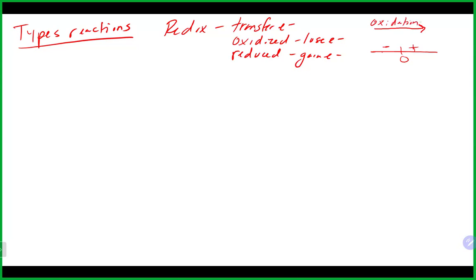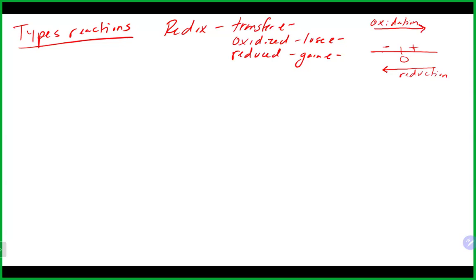If somebody gains electrons, which is the definition of reduction, they then will have more electrons than protons, so they will become more negative. So as you're comparing the same element on opposite sides of the arrow, if it is becoming more negative, it is going through reduction. They always occur together. So if somebody's being oxidized, somebody else is being reduced, and vice versa.